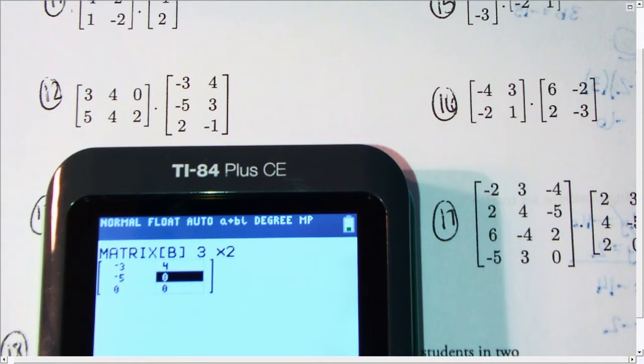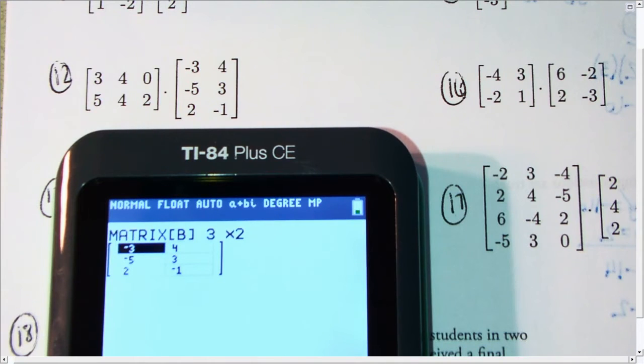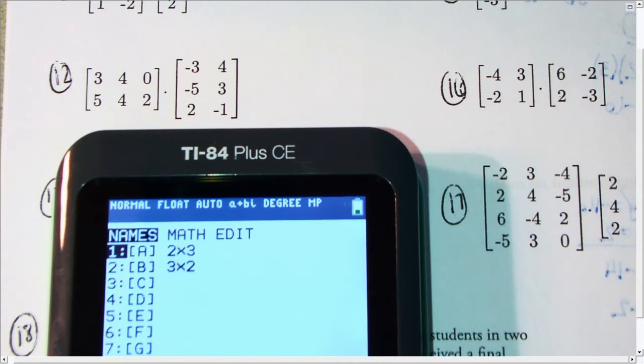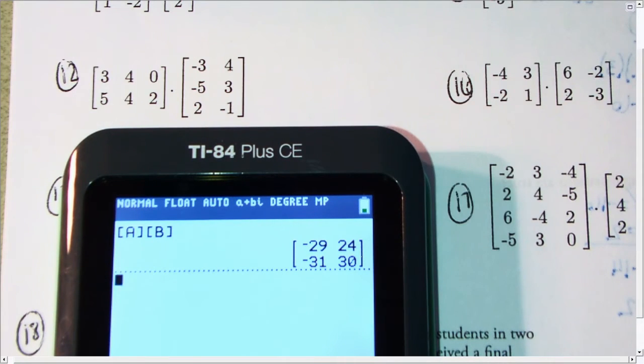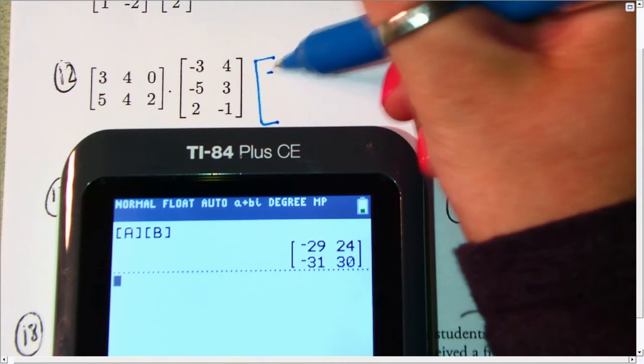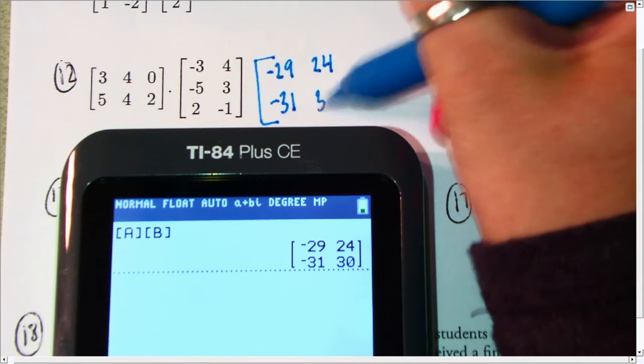Remember, you can just hit enter and it will work. You can always arrow down, but you want to make sure that the matrix matches. Okay, I'm going to quit out of that, go back into the matrix, and multiply. So I get negative 29, negative 31, 24, and 30.